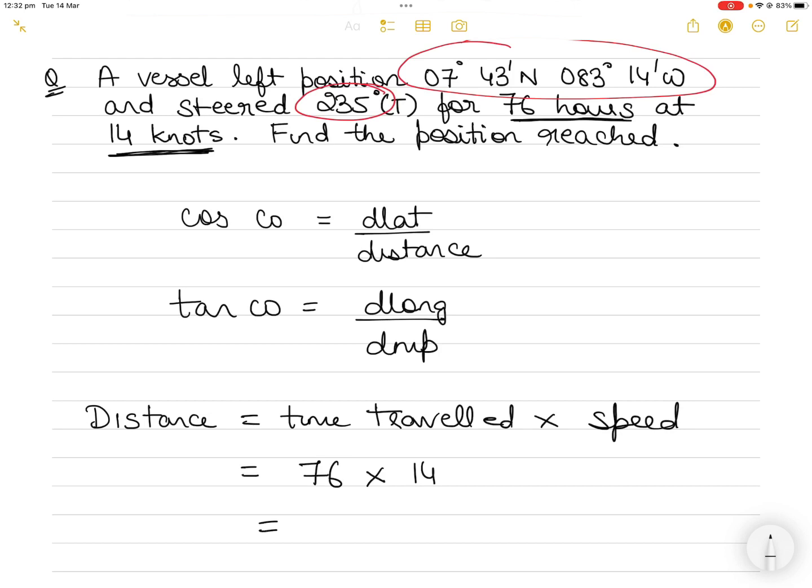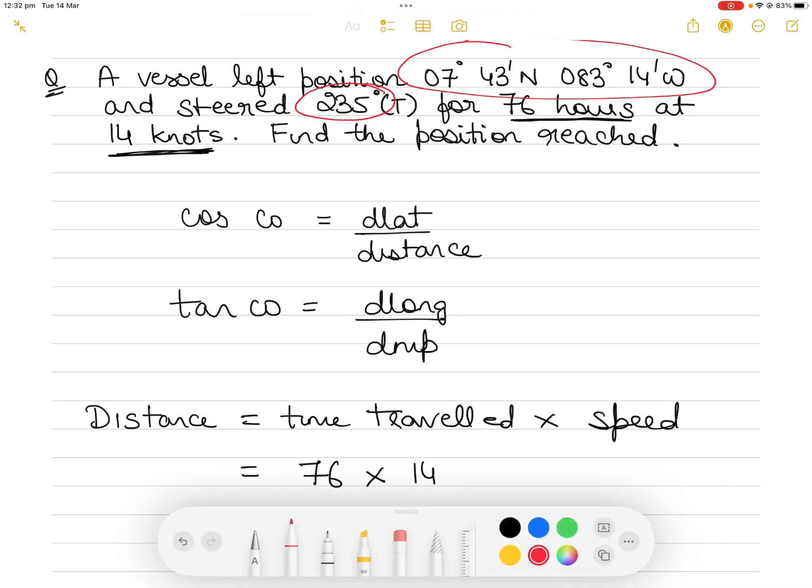So 76 times 14, let's do that in the calculator. There it is. 76 times 14 is equal to 1064. 1064 is the distance traveled, so 1064 nautical miles.